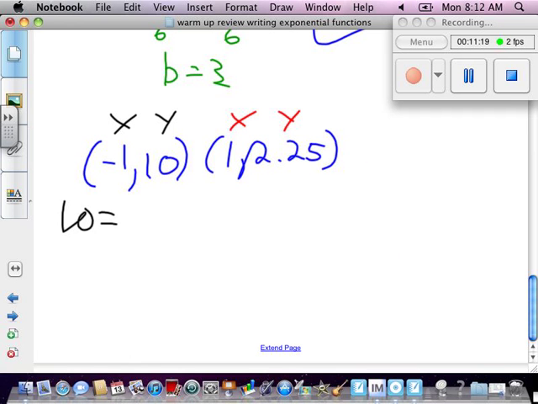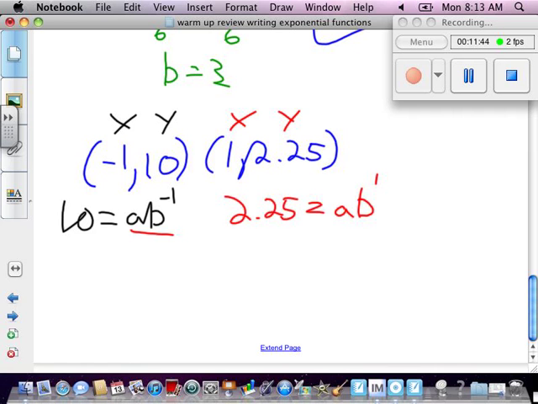10 equals A, B to the -1, and 2.25 equals A, B to the 1. My next step is to get A by itself.